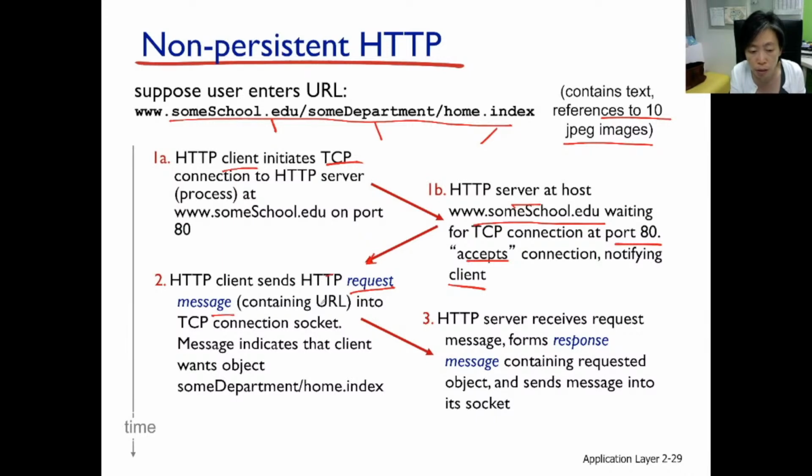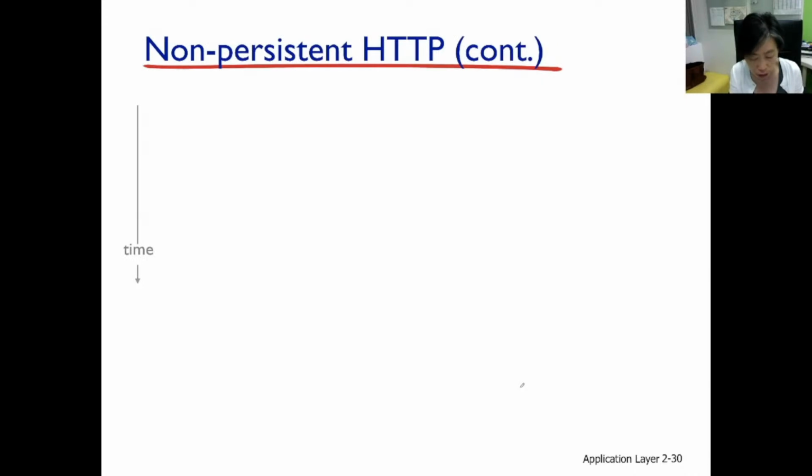All right, so embedded in the message is the URL. So that's going to go through the socket, and the URL is right there in the message. The server will receive the message and see the URL, find the path, find the file name, and therefore extract the content and generate the response message. And that response message is shoved again through the socket back to the client.